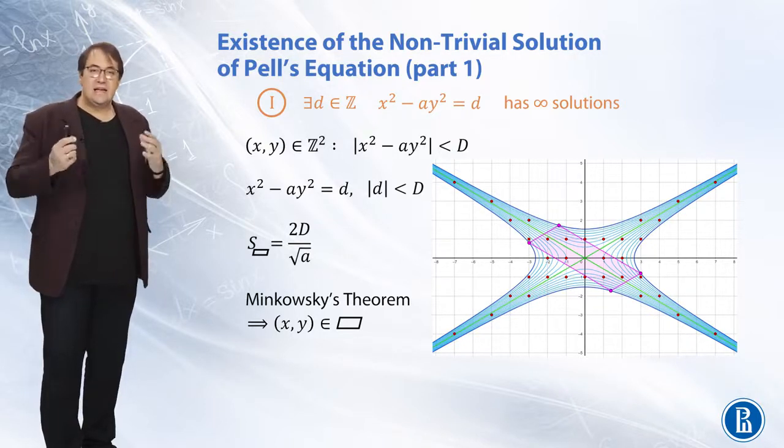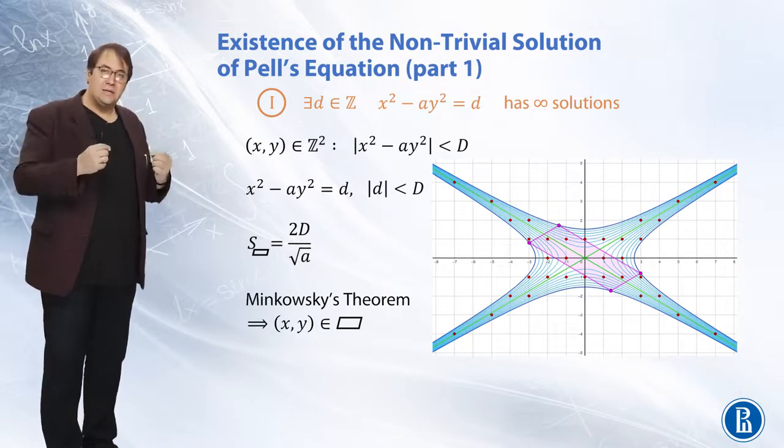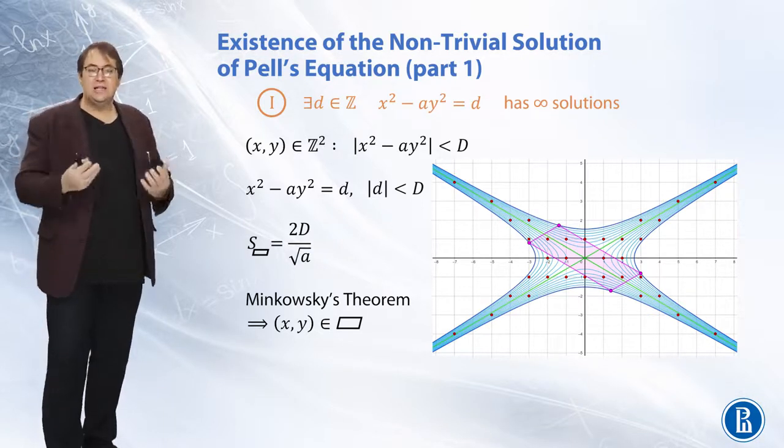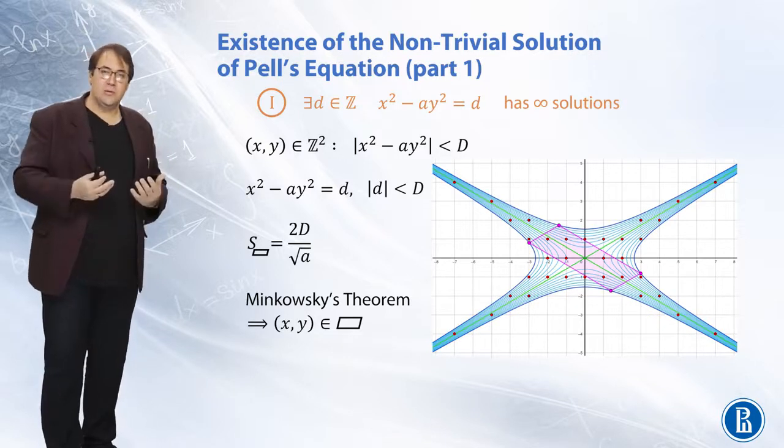So we understand that inside this parallelogram there is an integer point other than (0, 0).